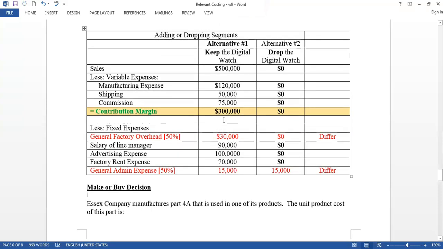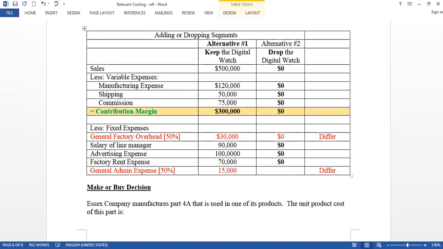Now we have something. This one 0, right? Yes. This one 0.